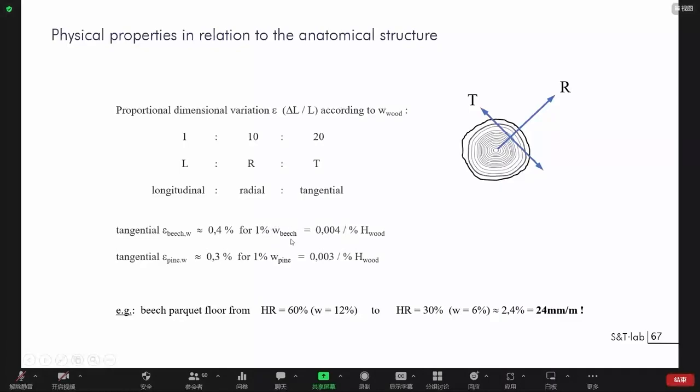So it means that when you have an internal moisture level of 30% in the air, going in the summer for instance, and going as low as 20% in the winter, you gain 30% in the air moisture, and in timber you have a change of about 6% moisture in the timber itself. And if you multiply this variation of 12 minus 6, giving 6, by 0.4%, you have a change of dimension of about 24 millimeters per meter.